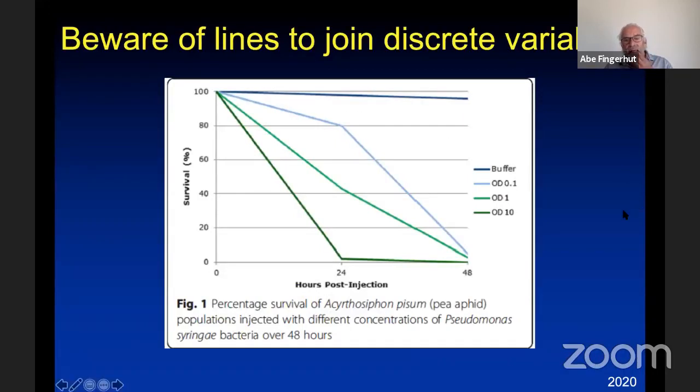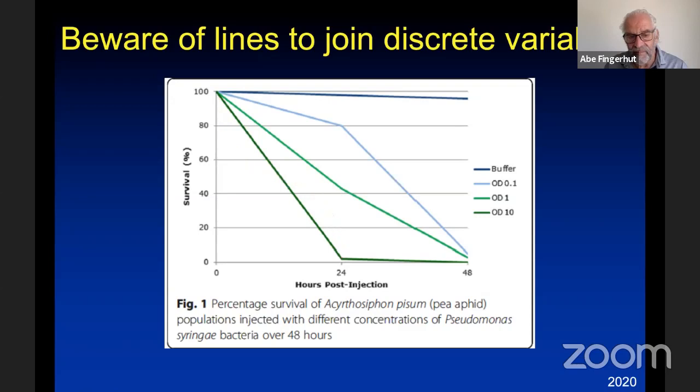Beware also of joining lines. Just because you have a graph, you want to have lines here. There's no reason that the true values could not be a curve here. We make the assumption, because we have one value for 0 and another value for 24, that there's a linear relationship. What we don't know, it may not be a linear relationship. In any case, by putting a line there, you as an author indicate that there's a linear relationship. So if there is one, okay. If there's not one, be very careful.